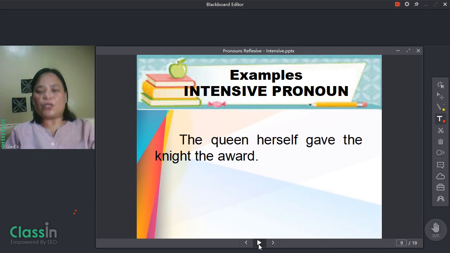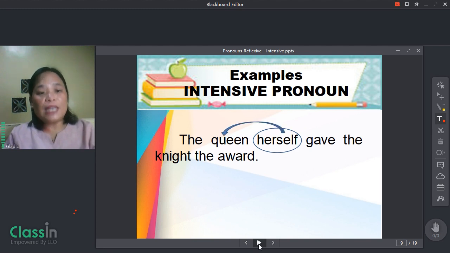So the queen herself gave the knight the award. What is the compound pronoun in this sentence? We have herself. And the function or use of this pronoun in the sentence is just to emphasize the queen as the one who gave the knight the award.